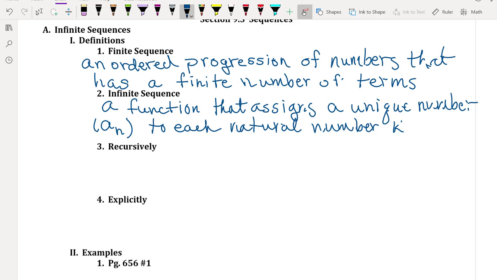Okay, now there's two ways to define these. One is recursively and the other is explicitly. A recursively defined function is one that has a formula that relates the terms to the previous terms.